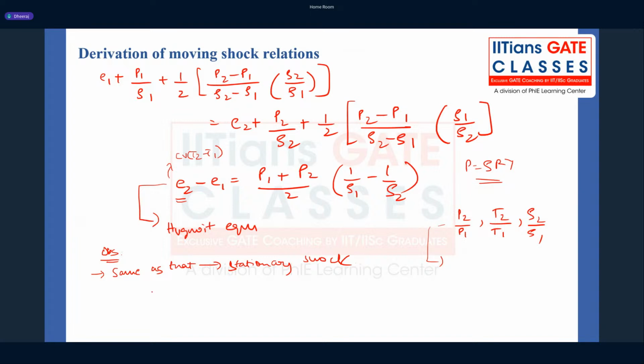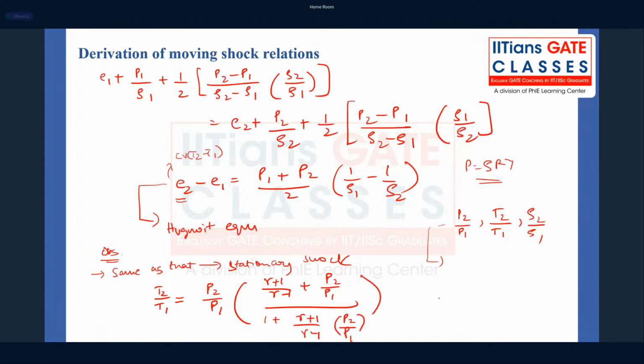Finally, my temperature ratio will be P2 by P1 into gamma plus 1 by gamma minus 1 plus P2 by P1, over 1 plus gamma plus 1 by gamma minus 1 into P2 by P1.